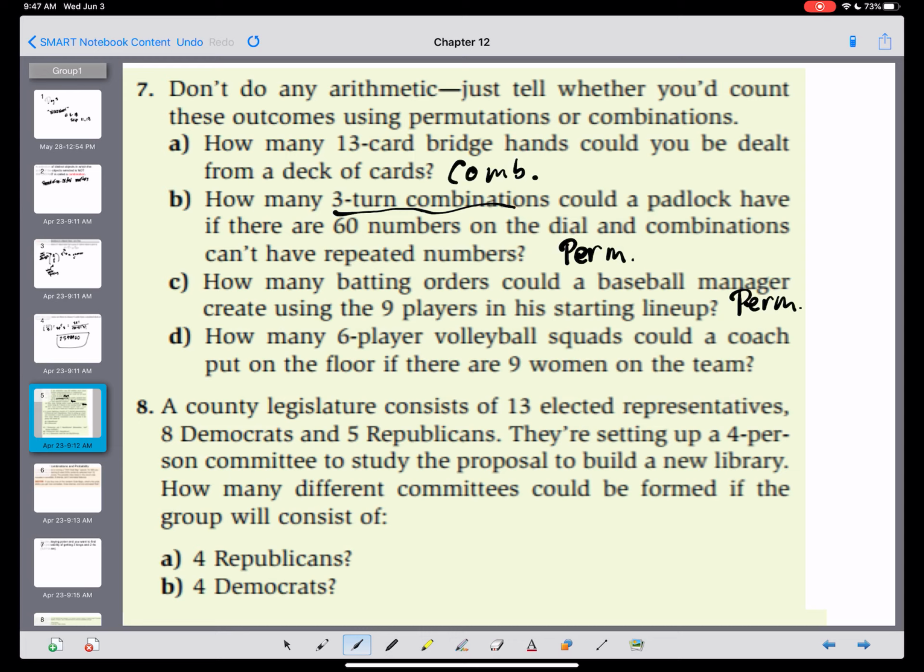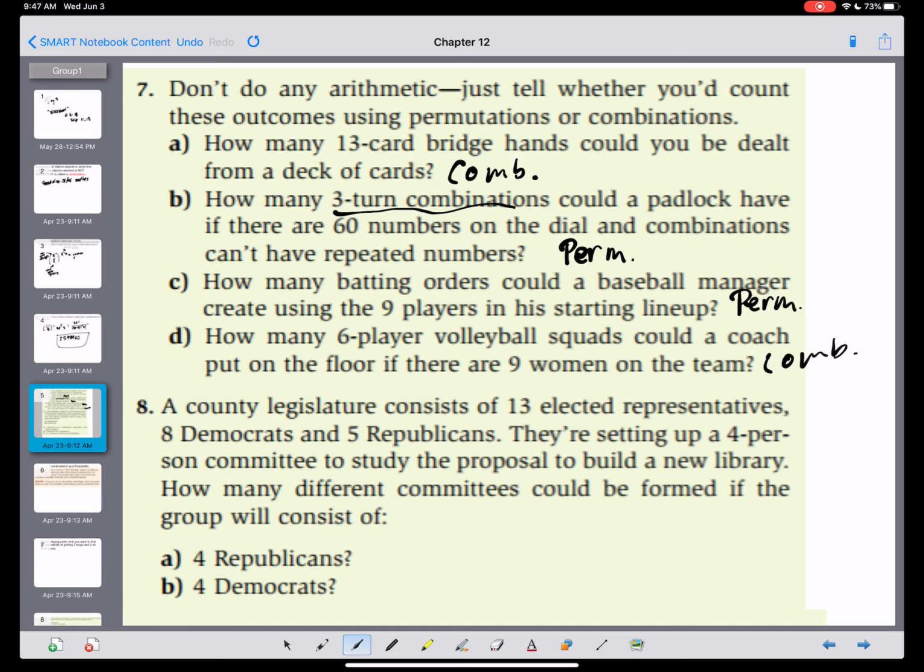How many 6-player volleyball squads could a coach put on the floor if there are 9 women on the team? I don't know much about volleyball. I'm assuming this is a combination, because out of nine women, you pick six to put on the floor.